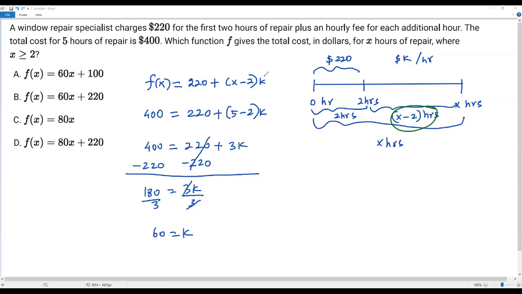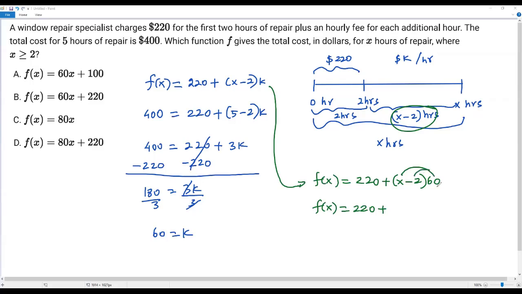Now I can plug in k equals 60 over here. Let me take the function here. That is f of x equals 220 positive x negative 2 times, for k we have 60. So f of x equals 220 positive, we can distribute this 60 to x and negative 2. Then I'm getting 60x negative 2 times 60, which is 120.